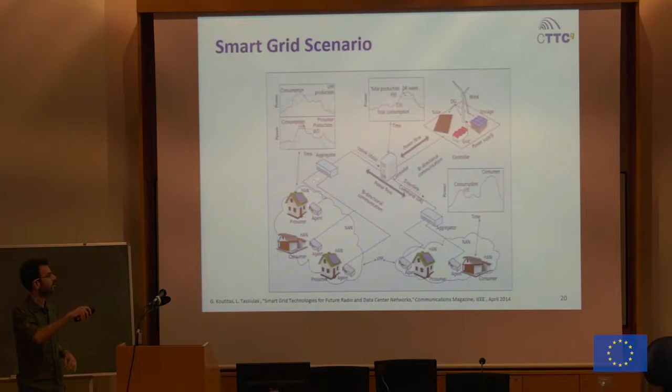I also want to highlight that all these links are communication links, and of course there are electrical links between the power plant and the households, and these links should be bidirectional, both from a communication and electrical perspective. So the energy and the data are flowing in both directions.